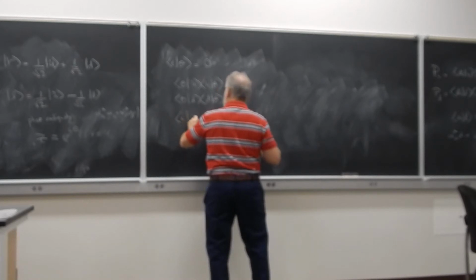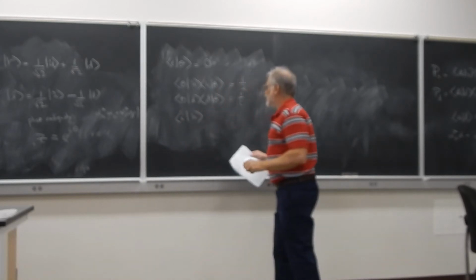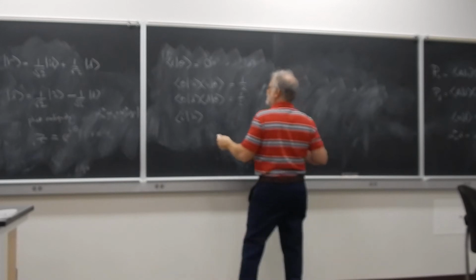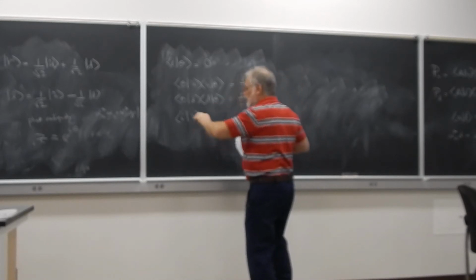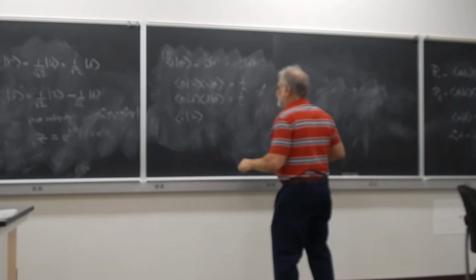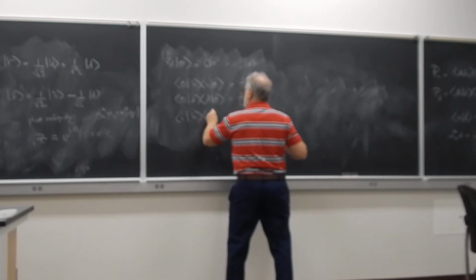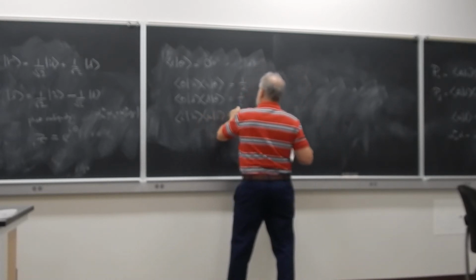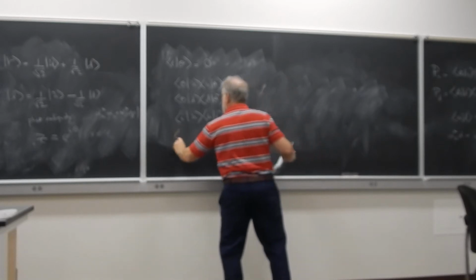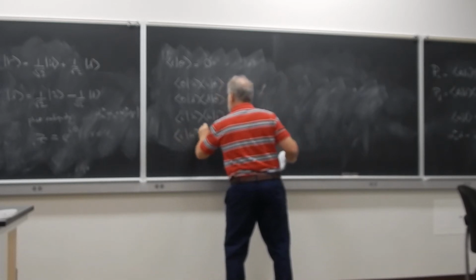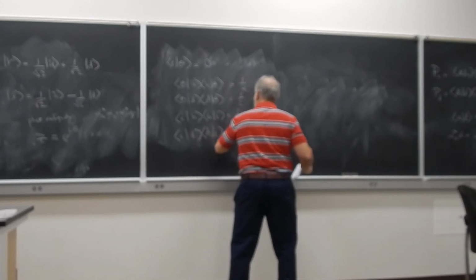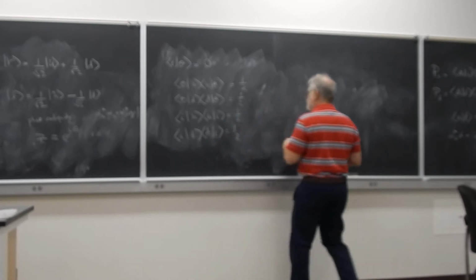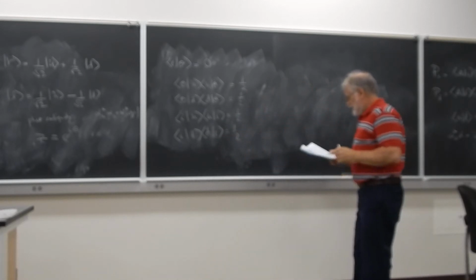Similarly, if I prepare everything in the I state along the y-axis and I rotate to the z-axis, the probability amplitude is still 1 over square root of 2 for getting up, and still 1 over square root of 2 for getting a down spin.